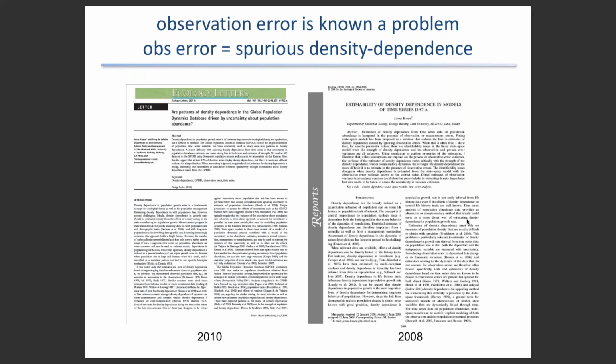But in a lot of the studies in the literature, people are using this on plankton data, and they assume that there's no observation error in the data. And there's a lot of research trying to understand what that assumption does. And what it does is it creates this spurious density dependence.